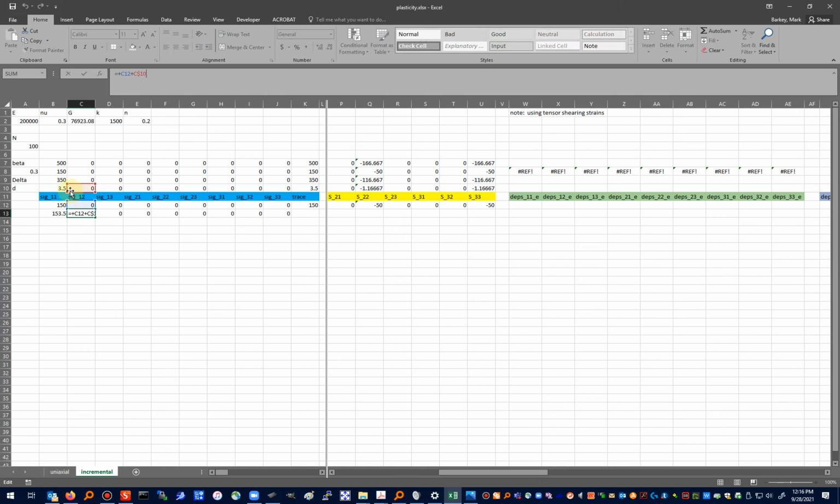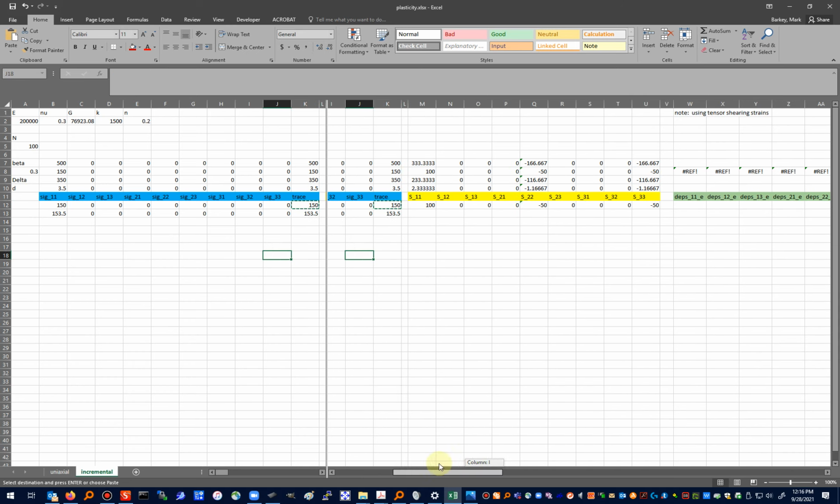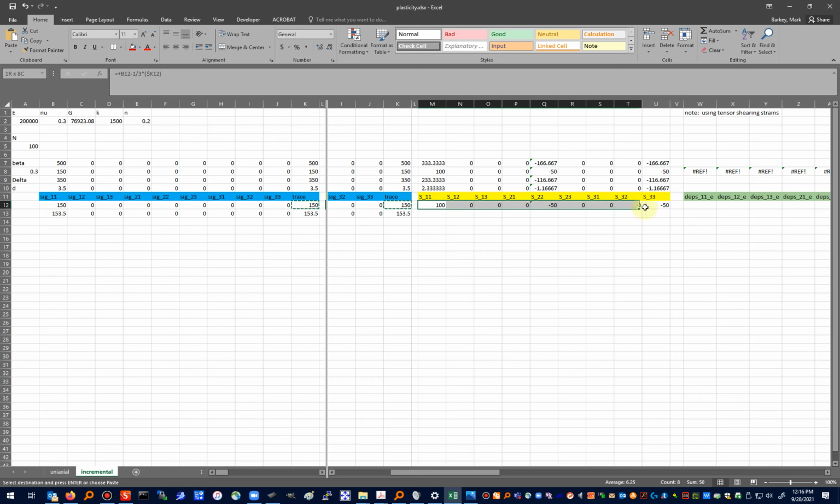All right. So if I update my stress tensor, I can use my same spreadsheet. I'm going to calculate the trace if I want to do that. I can update those formulas.